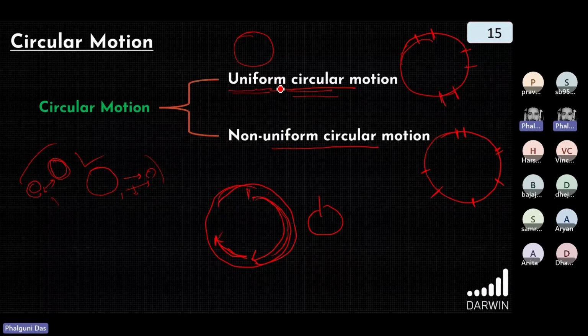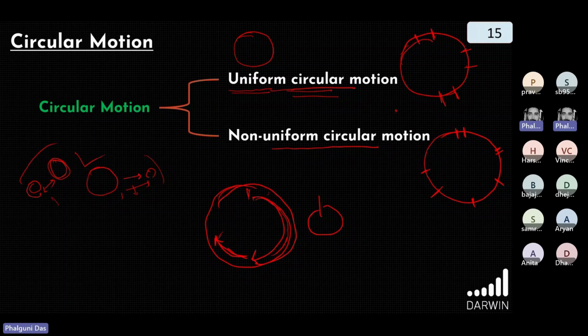And the more detailed study of rotational motion will be in the chapter on rotational motion and system of particles. So one concept has been broken into three pieces. This is just the introductory part, that there is an acceleration associated. Where does it come from? This will be studied in the next chapter. And the more detailed analysis, like real life uses and other types of rotation, will be discussed in another chapter.